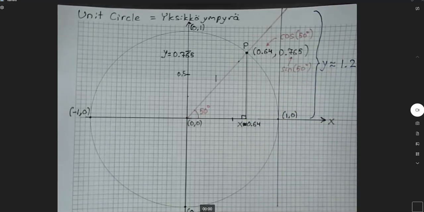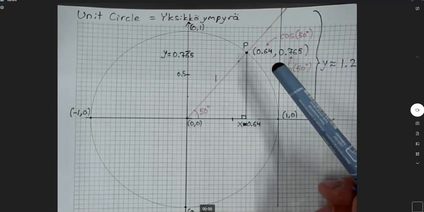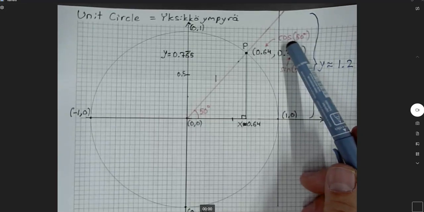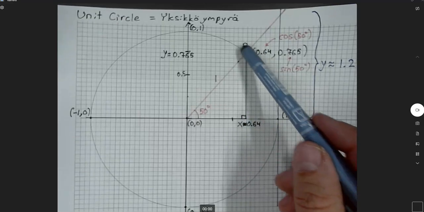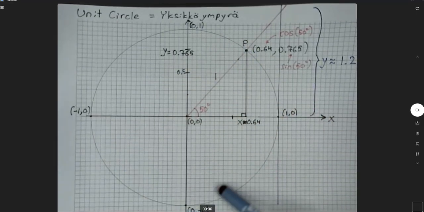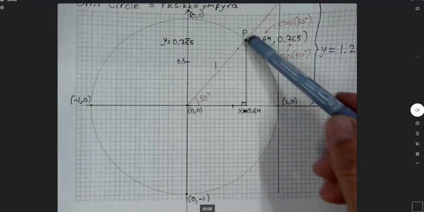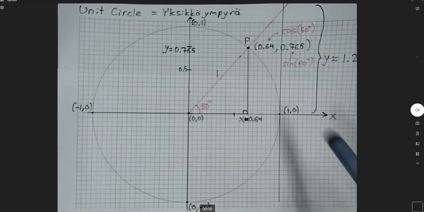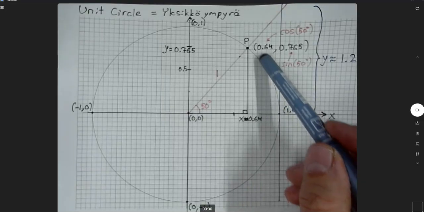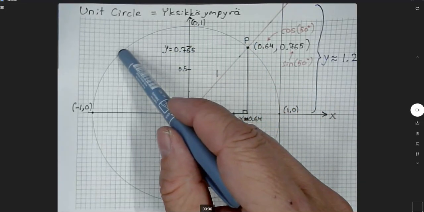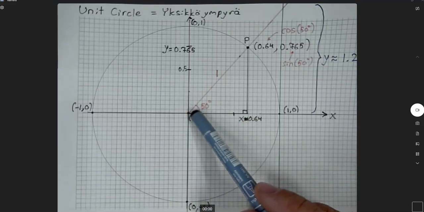Probably I did not remember to point out that we can find the cosine and sine values of any angle from the coordinate values of these points on the circle. And we know that this is a unit circle, so every point on the arc of this unit circle is located at a distance of 1 unit from the origin.